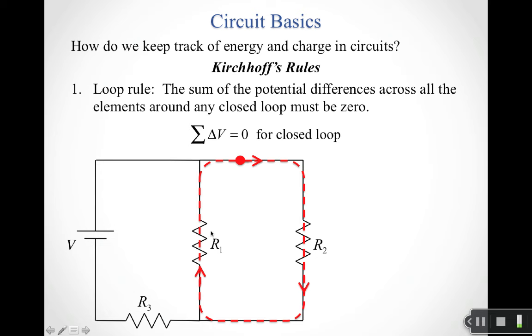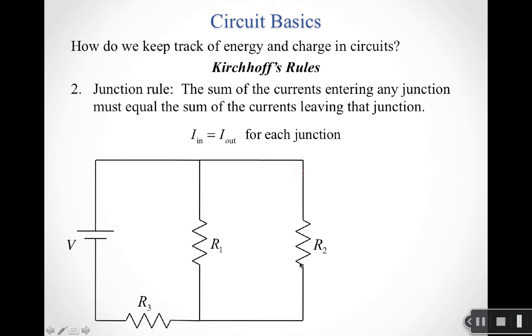So this tells us that the potential drop across this resistor has got to be the same as the potential increase across this one in order for our loop rule to hold. This is what we'll do to use the loop rule. Really, it's just a statement of conservation of energy. It's saying that whatever energy you gain here will be lost here.